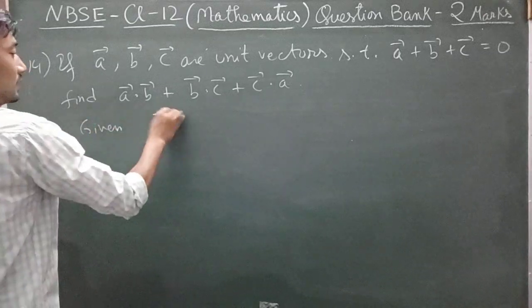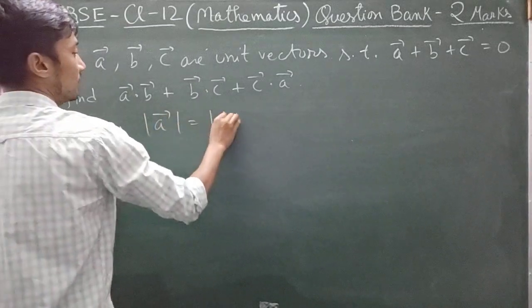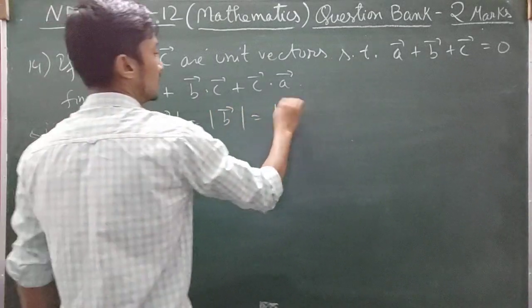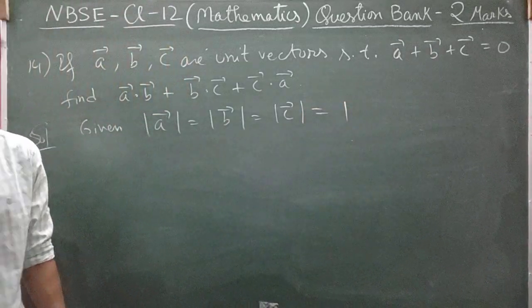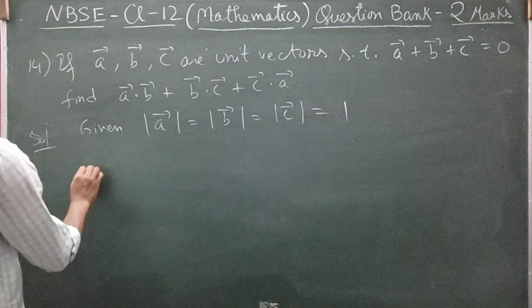Given vector A, vector B and vector C, they are all unit vectors. That means their magnitude, of course, is going to be 1.